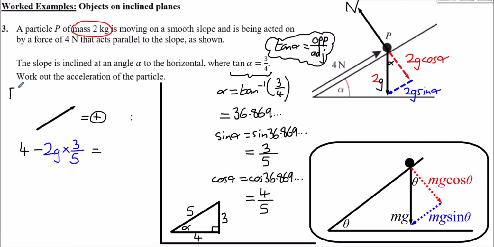And by the way, I should have said we're using F equals ma. So the resultant force going up is that. So that will equal the mass of the particle, which is 2, multiplied by the acceleration of the particle. So therefore the acceleration will be 4 minus 2 times 3/5 g, so minus 6/5 of a g, divided by 2.